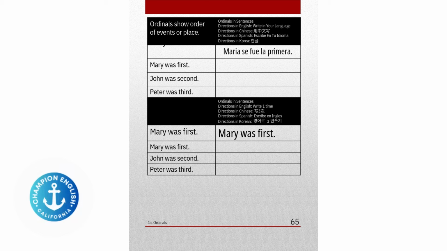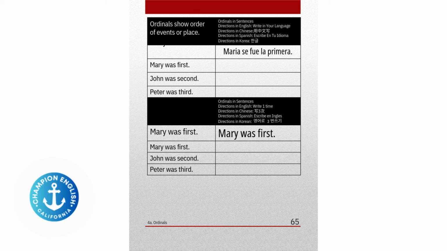So here's an example, students. It would be like writing in your own language. Can you write in your own language? Mary was first. John was second. Peter was third. I want you to translate to your own language. Mary was first.